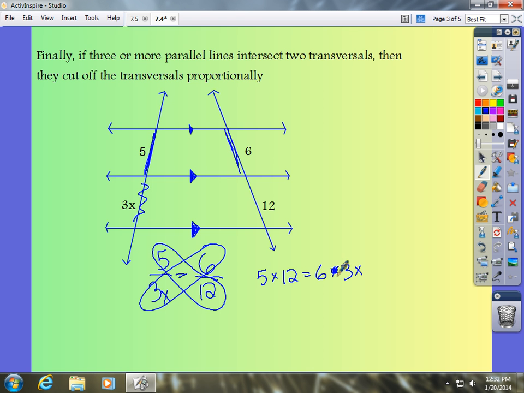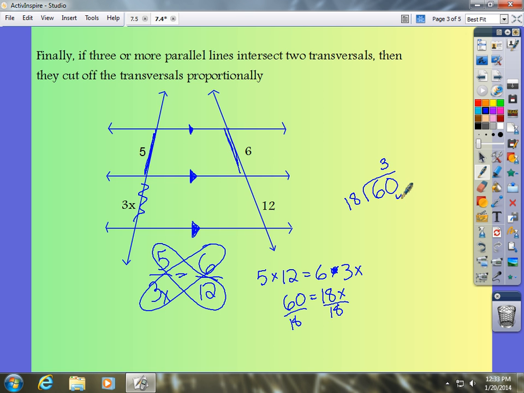And I guess I should put a dot here because there's an x. 5 times 12, that's 60, equals 18x. We have to divide by 18. For those of you that like to see the work, let's see. I want to take a stab at 3. 3 times 8 is 24.